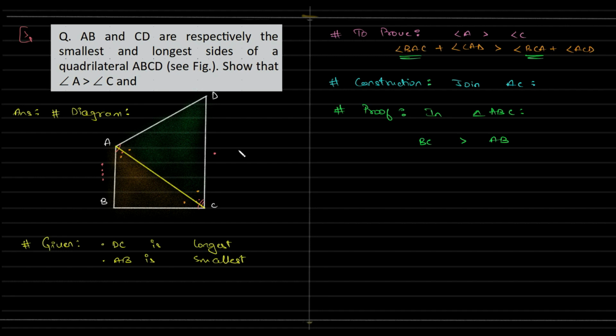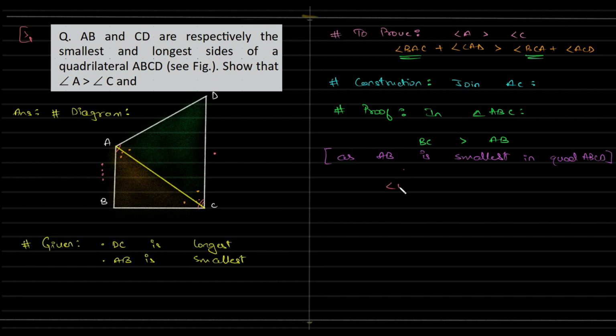Means it is smaller than all the other three. So it has to be smaller than BC, as AB is smallest in quadrilateral ABCD.